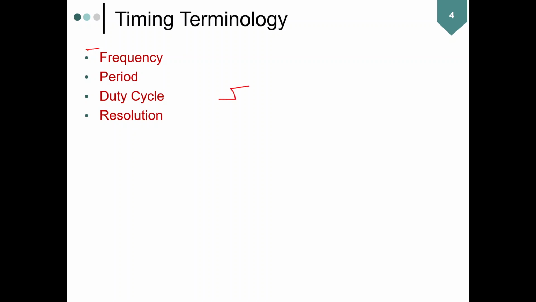The percentage of time in a clock cycle for which the output remains high is called duty cycle. So suppose this time is tau, this complete time is T, then your duty cycle is equal to tau over T times 100.